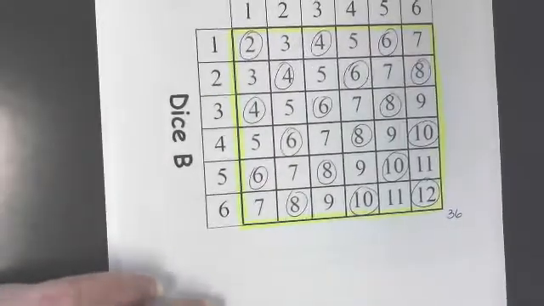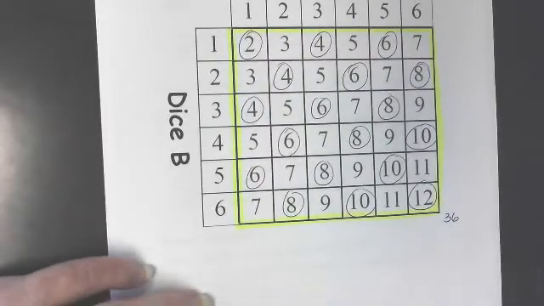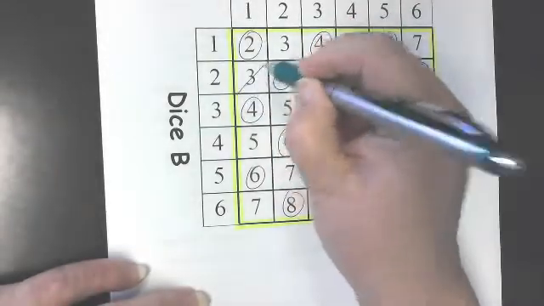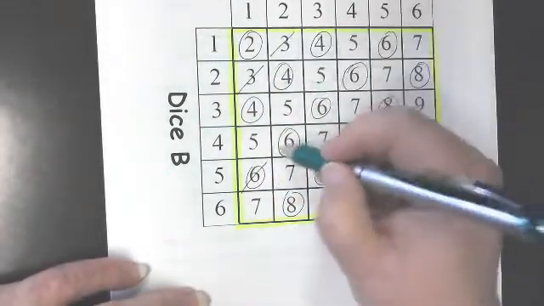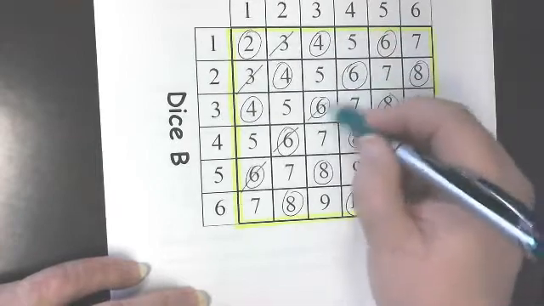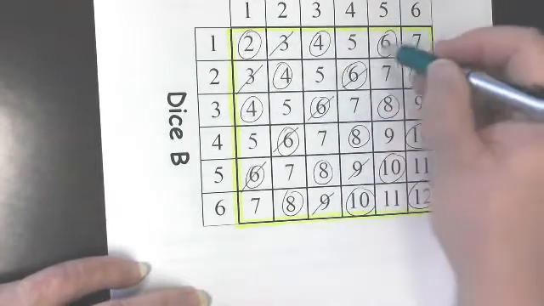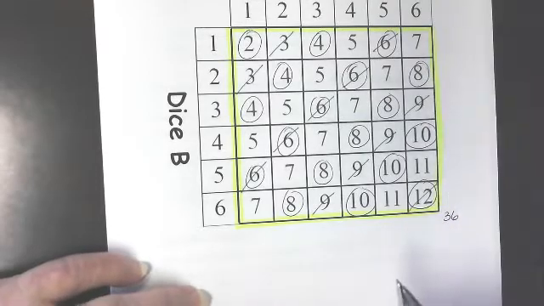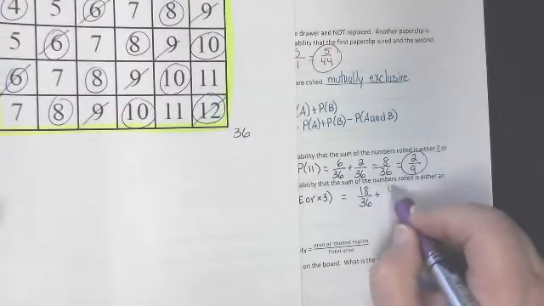Now, what's the probability I get a multiple of 3? Okay, multiples of 3. Let's see, 1, 2, 3, 4, 5, 6, 7, 8, 9, 10, 11, 12. So I've got 12 of them that are multiples of 3.